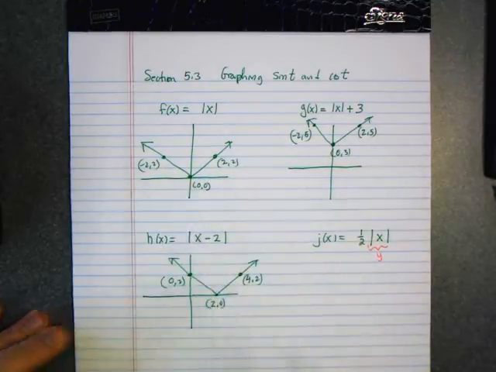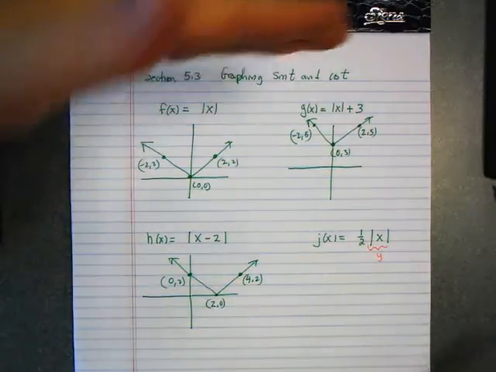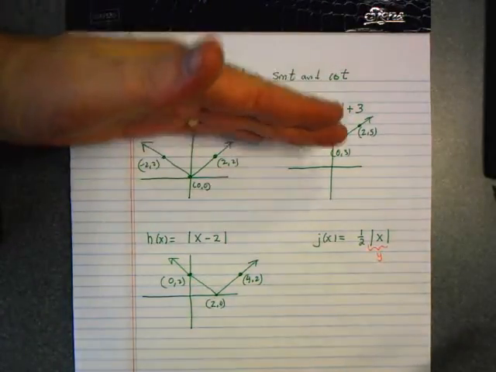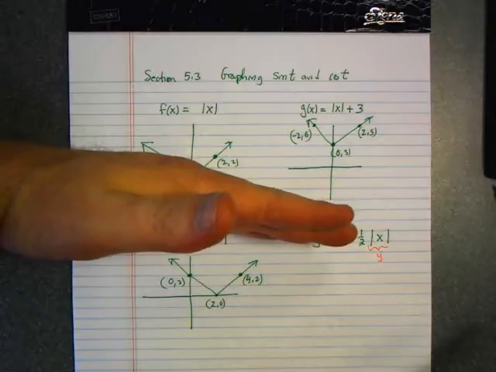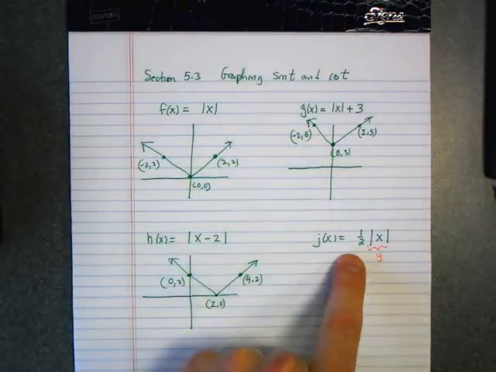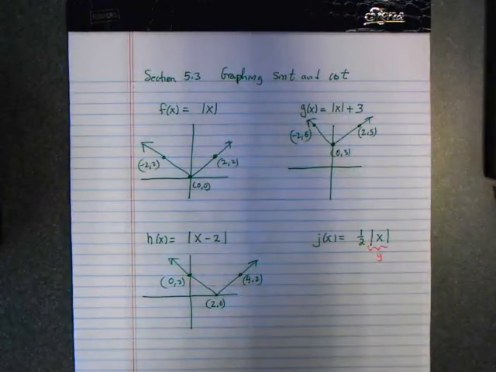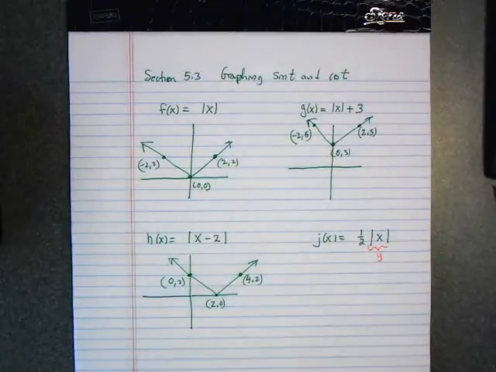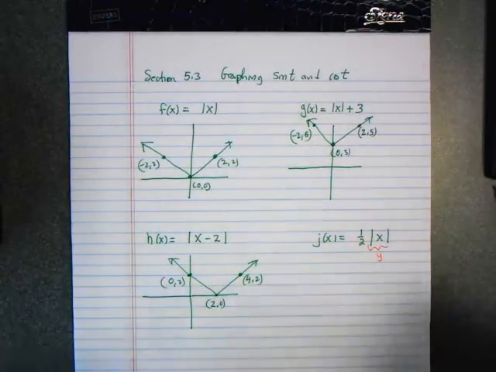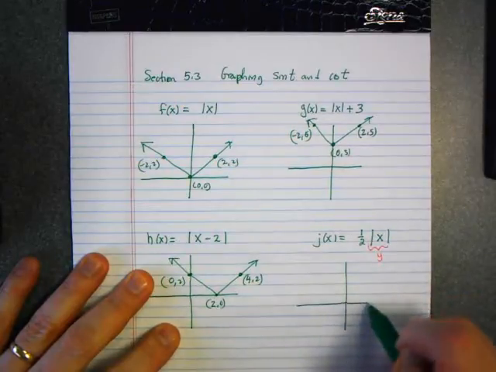People like to say it makes it skinnier, it makes it wide. What it's really doing is it's up here and it's squishing it down. It's actually making it less tall. And if this were a number like 3, I would be grabbing the ends and yanking them upward, which kind of makes it look skinnier, but that's really not what's happening. It's really affecting wideness. All right, so anyway, this one would look like this.